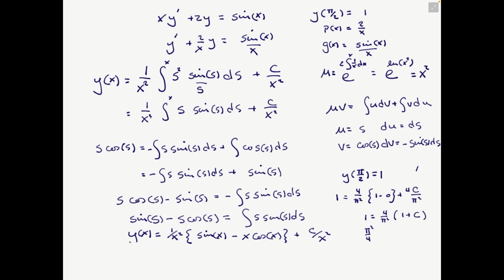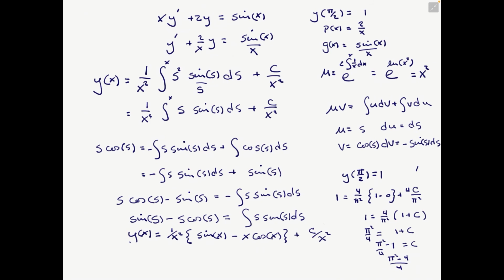And that's pi squared on 4 equals 1 plus c, so pi squared over 4 minus 1 equals c. That's what we had. Pi squared minus 4 on 4.